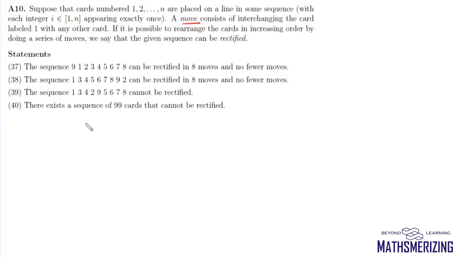Now the first sequence is 9, 1, 2, 3, 4, 5, 6, 7, 8, and it says it can be rectified in 8 moves and no fewer moves. Since we can only move the first card, we'll replace this 9 with 8. So it'll be 8, 1, 2, 3, 4, 5, 6, 7, 9.